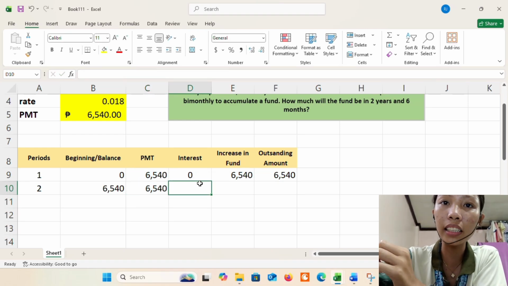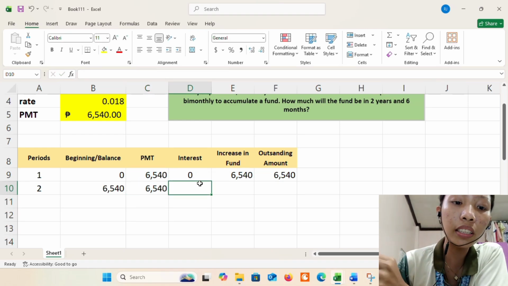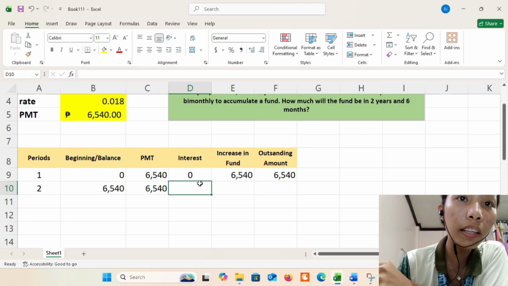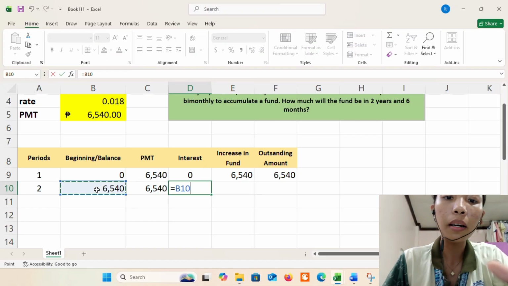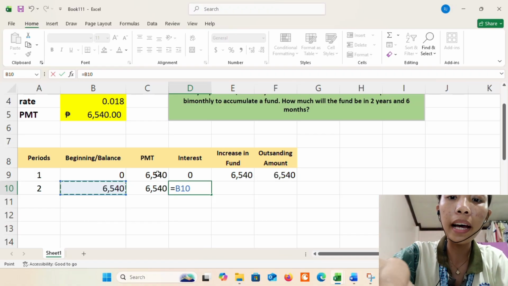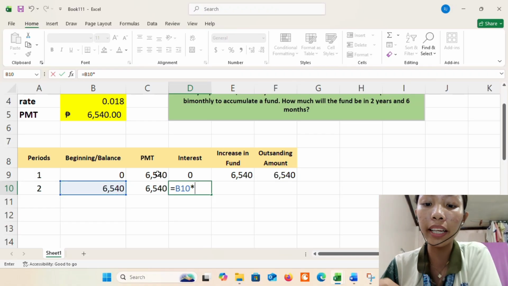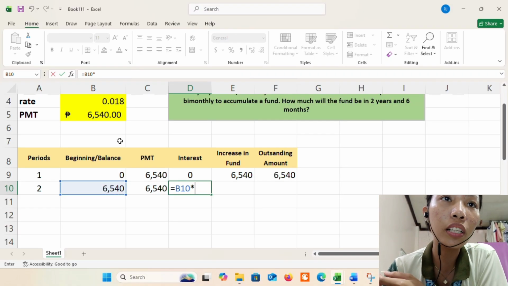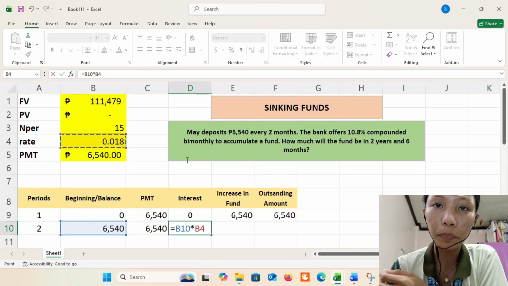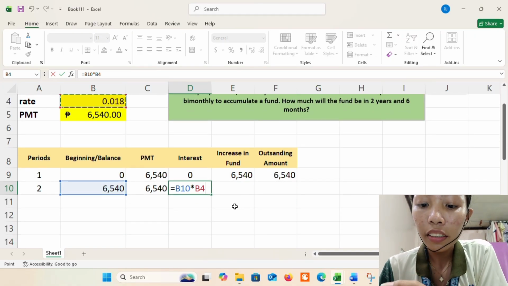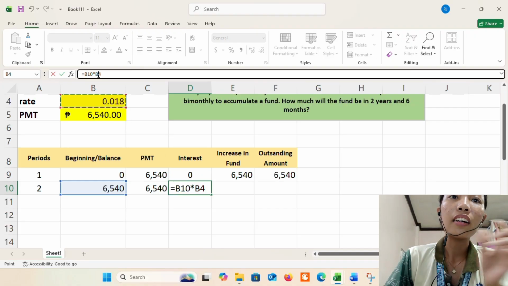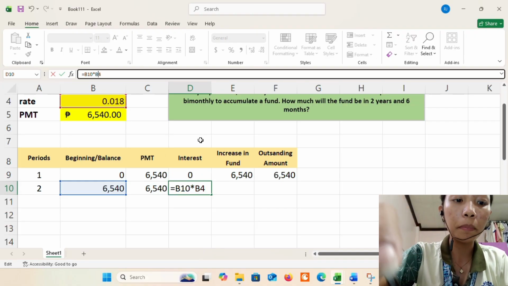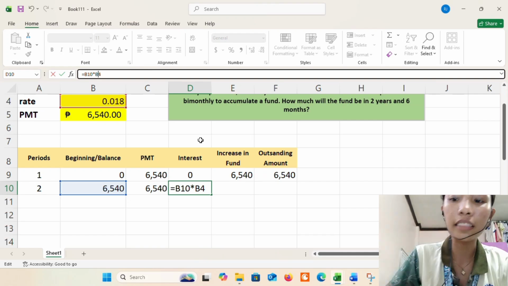Next, in our second interest, it will be the beginning balance multiplied by our rate, which is this one. So let's select our rate. The next thing we'll need to do is to put a dollar sign right before the letter B. Okay, dollar sign.